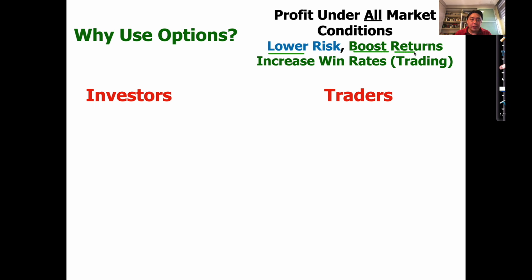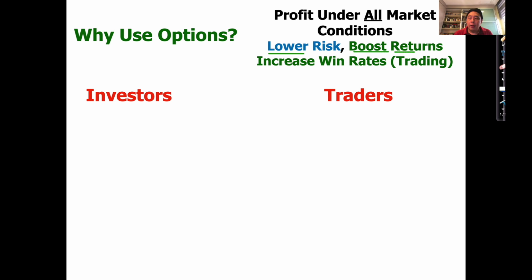But with options, you're able to turbocharge your portfolio returns from 15 to 20% return a year to up to 30, 40, 50% returns a year. And the best thing is you can boost your returns while at the same time lowering the risk of your portfolio.